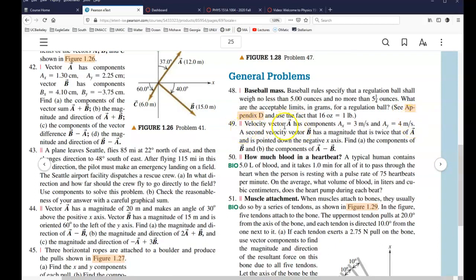It says velocity vector A has component a sub x 3 and a sub y 4. A second velocity vector B has a magnitude that is twice that of A, and is pointed down the negative x direction. Find the components of B, and the components of A minus B. It's not like a hard problem, but it's not bad. It's more of a math problem, really.